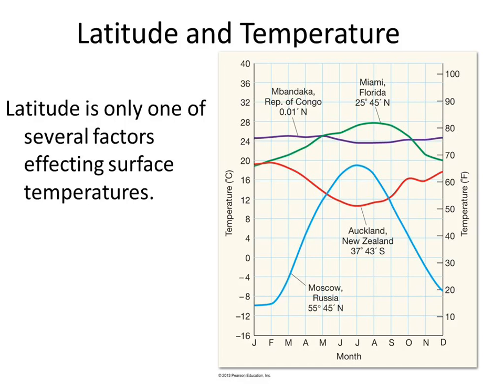So the latitude there is either north or south. We'll be looking at a lot of these charts. I hope these charts work for you. Along the x-axis, what does JFMAM stand for? Months, January, February. Exactly, these are the months.